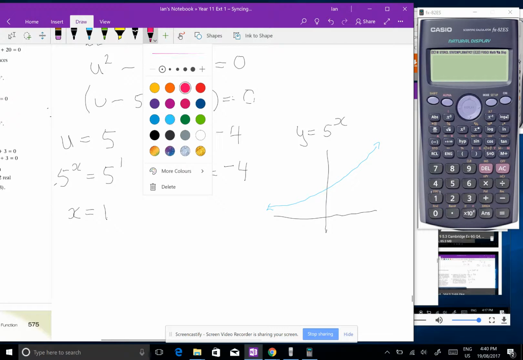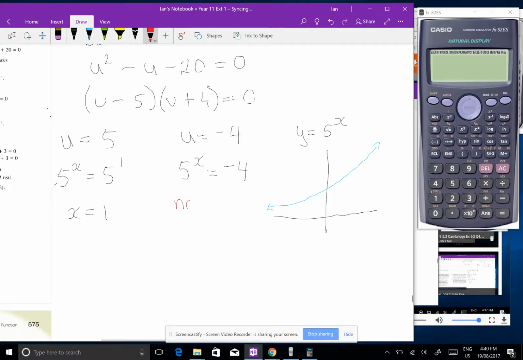So there are no solutions for this part. So our only solution is x equals 1. And that's true. Question, was that 4c? Yep.